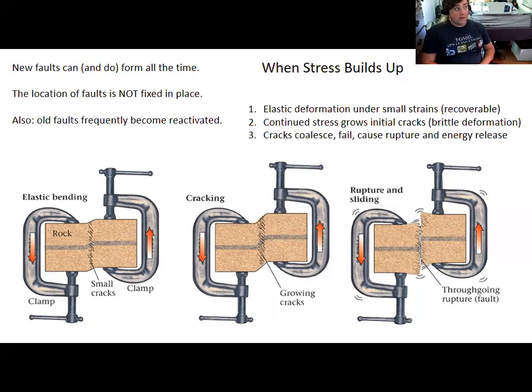The interesting thing is that this diagram sort of shows how new faults can develop. Faults are not permanent features that have necessarily always been there. New faults form all the time, and one thing that frequently happens is that old movement along old faults will be deactivated.